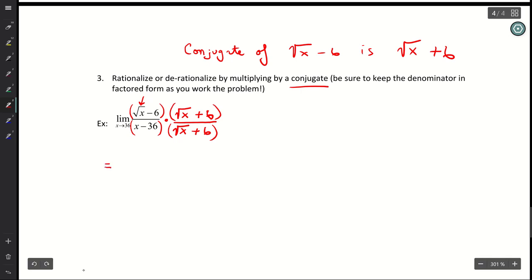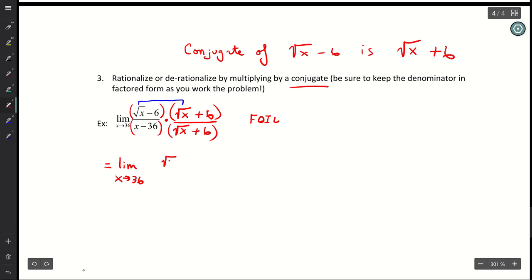All right, so from here, what we do is we now multiply, or we FOIL the top and the bottom. So on here, if we're FOILing out the top, then what we do is we multiply the first and the first. Now keep your limit. We haven't evaluated at 36 yet, so it's important we keep the limit. We do square root of x times square root of x.